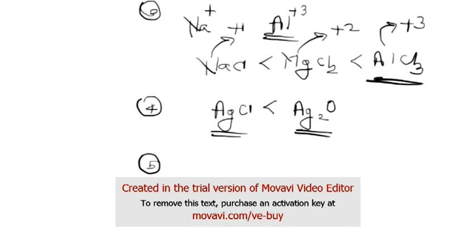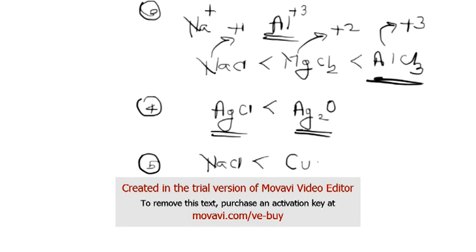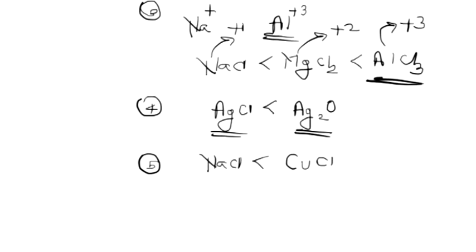For example, you talk about NaCl. Sodium chloride has Na in +1 state. Na+ will have 8 electrons in its valence shell. However, if you compare this with CuCl, copper has 18 electrons in its valence shell, because of which we say NaCl would be more ionic and CuCl would be more covalent.